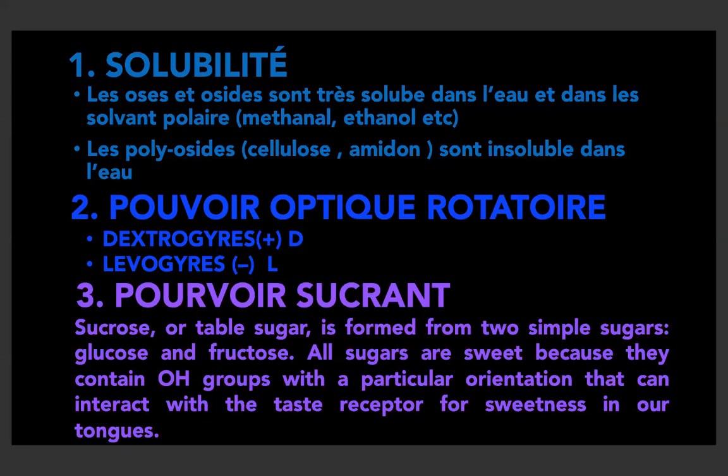Then if they are polyosides, if there are many repeating chains of these oses, it means they are unable to dissolve because of their repetitive glycosidic linkages. This is a polyoside, so there are a lot of repeating units.